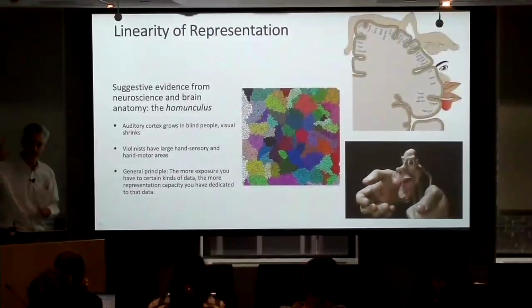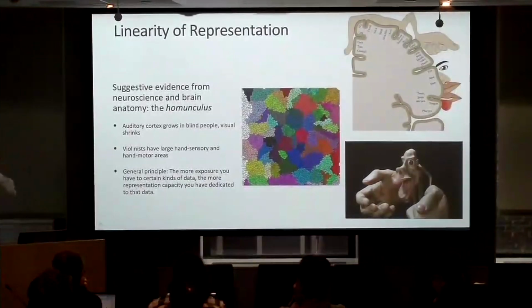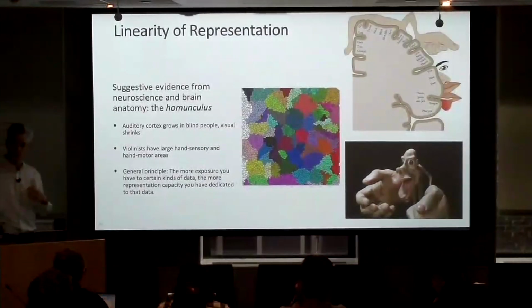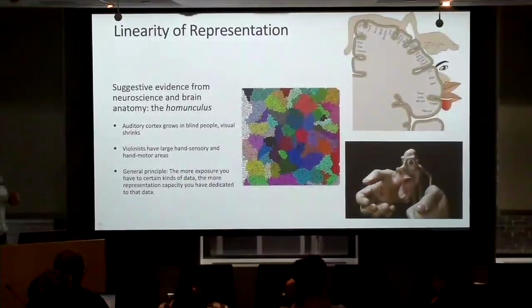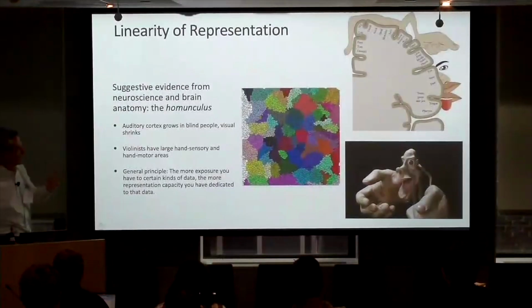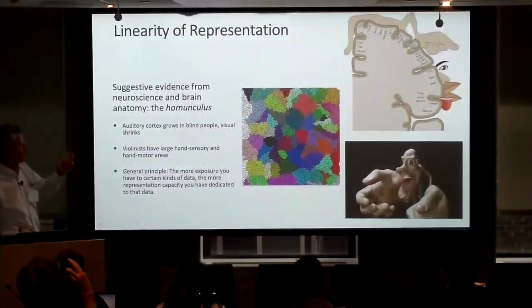If you look at something like the hand area, the hand has much denser nerve endings than most of the rest of the body. And the sensory area in the brain for the hand is also much larger. So it's proportional to the density, or the space of measurements, that you're taking of the hand.